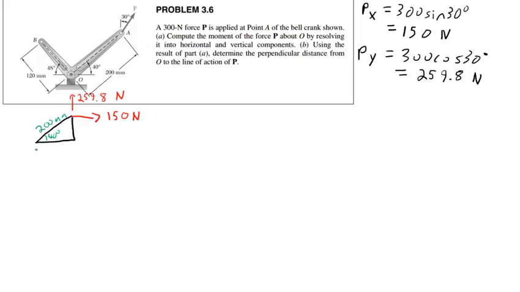This is going to be 200 cosine 40, which will be equal to 153.2 millimeters. And this will be 200 sine 40, which will be equal to 128.6 millimeters. I think I'm going to redraw the triangle after this.